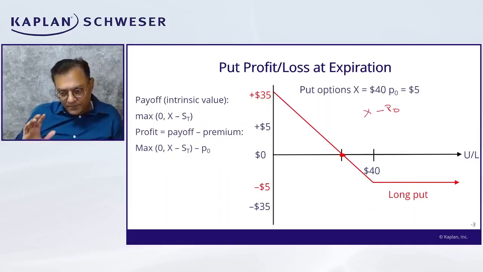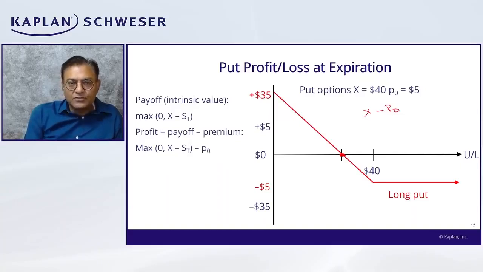Now, for a put option, because the stock price cannot go below zero, the maximum gain to the put option occurs when the stock price at maturity or expiration of the option drops to $0. Theoretically, the stock price cannot go below zero.